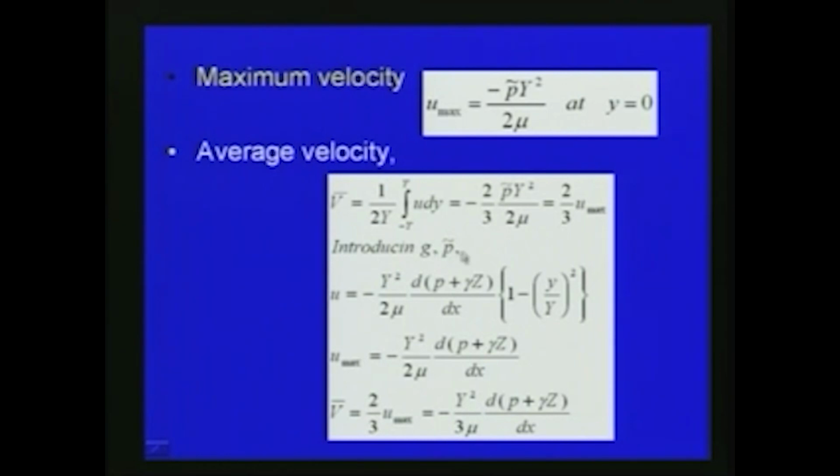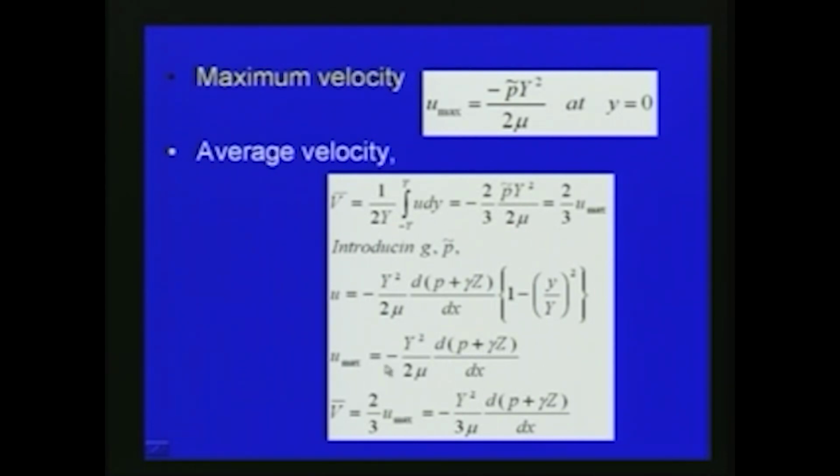Then if we introduce the term γ and p bar, which we have already seen, the final expression for velocity can be obtained as u is equal to minus Y² by 2μ d(p plus γz)/dx into 1 minus (y by capital Y) whole square, or u max can also be written as minus Y² by 2μ d(p plus γz)/dx.